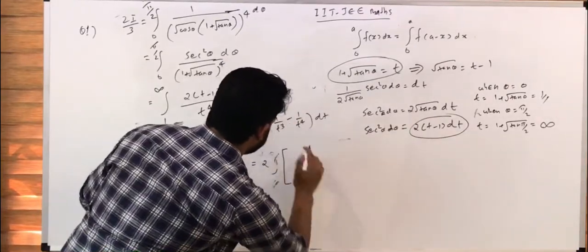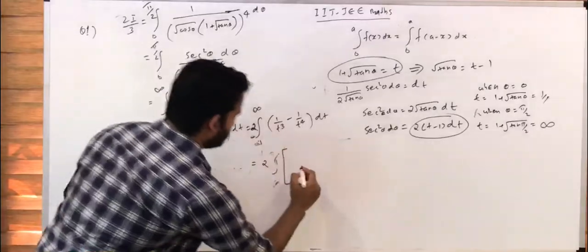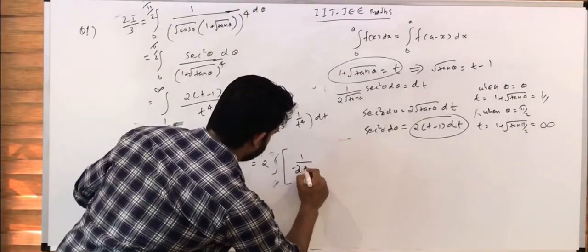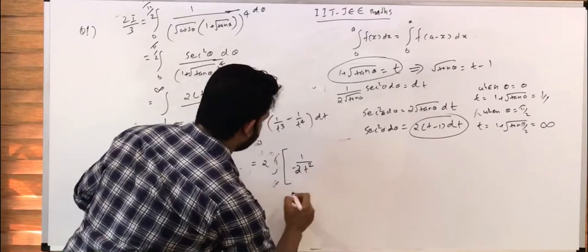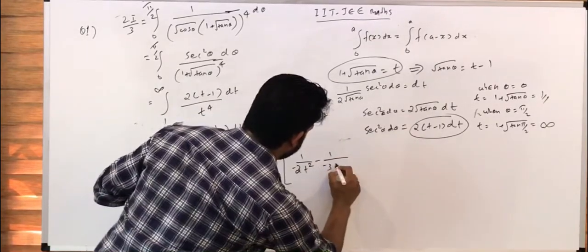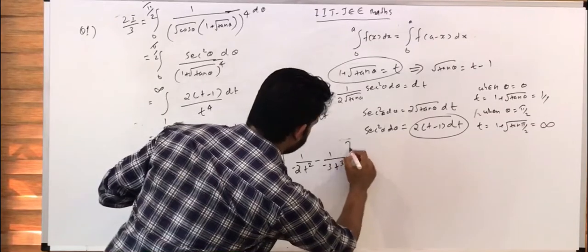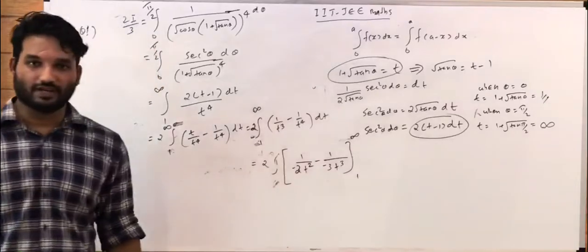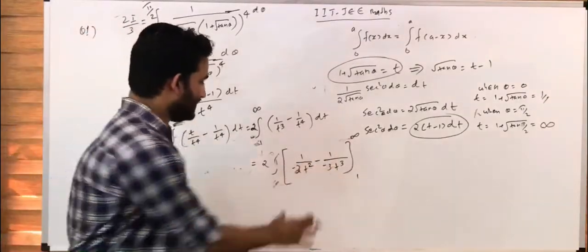So we integrate this with respect to dt, that is 1 divided by minus 2t square minus 1 divided by minus 3t cube over the limits 1 to infinity. Okay. So this is the integral.